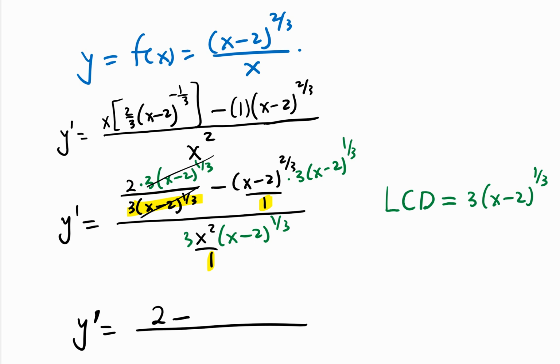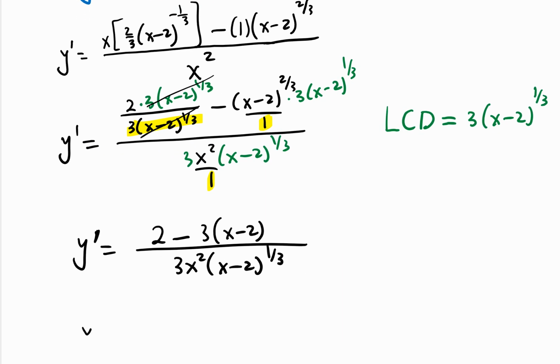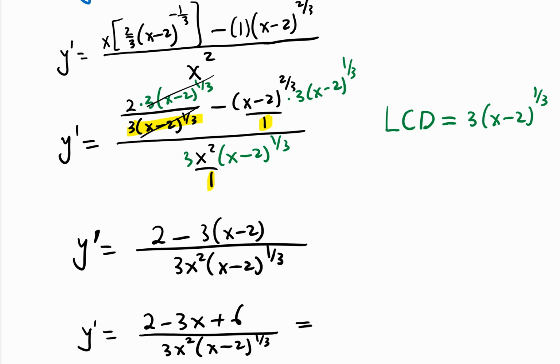You get 2x minus 3 times x minus 2. 2/3 plus 1/3 is 1, and the denominator stays the same. y prime equals 2x minus 3x plus 6 over 3x squared times x minus 2 to the 1/3.